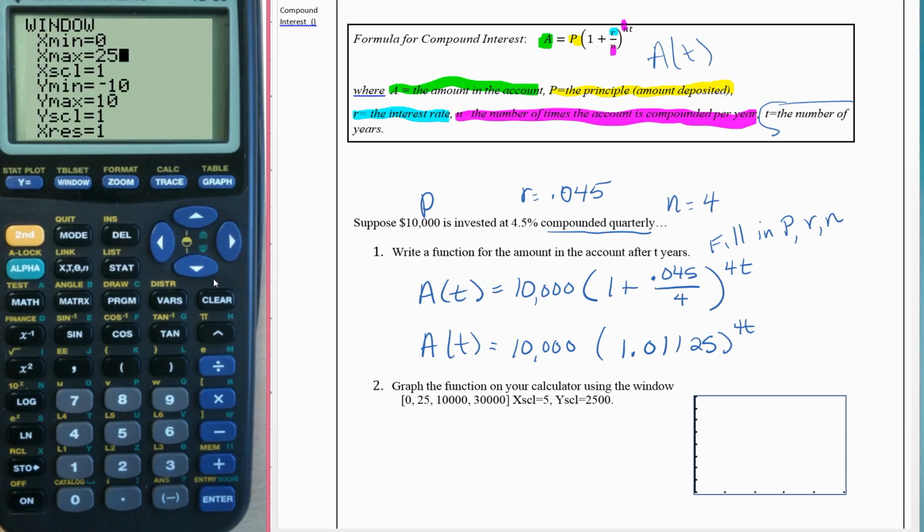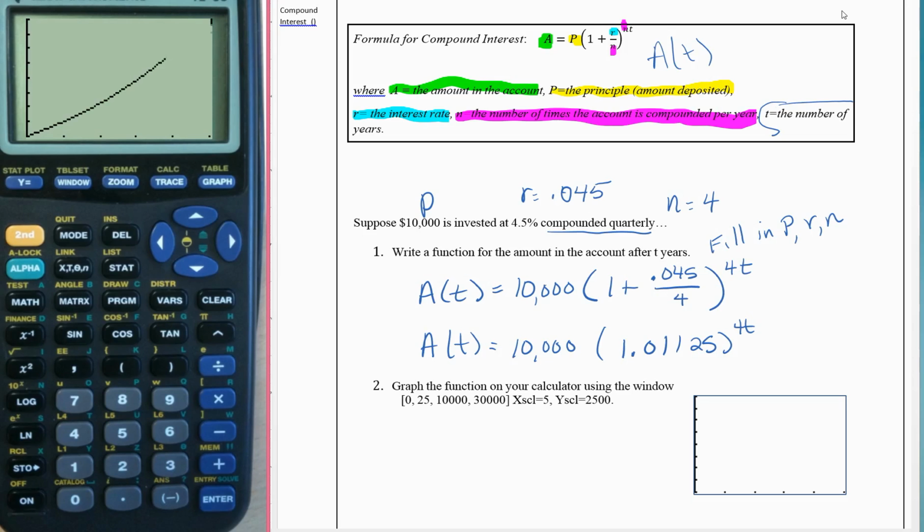It tells us to make our x scale 5, and 10,000 to $30,000, and our y scale of 2,500. Okay, so here's our graph.